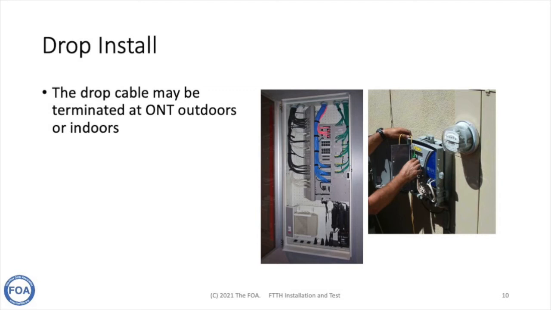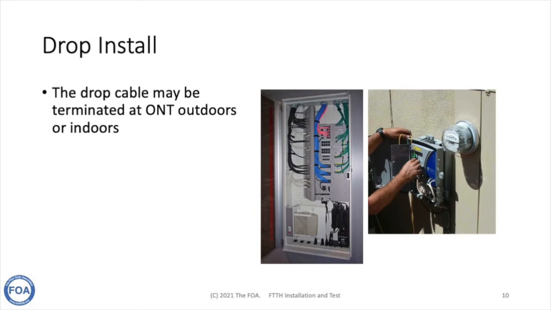At the location of the subscriber, the tech may find lots of different options depending on the hardware chosen for the network. On the right, you can see a combination demarcation box where a fiber is terminated into the closure and then connected up to the optical network terminal, which is in the box.